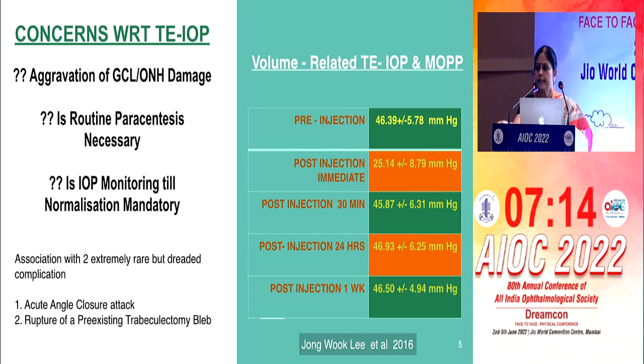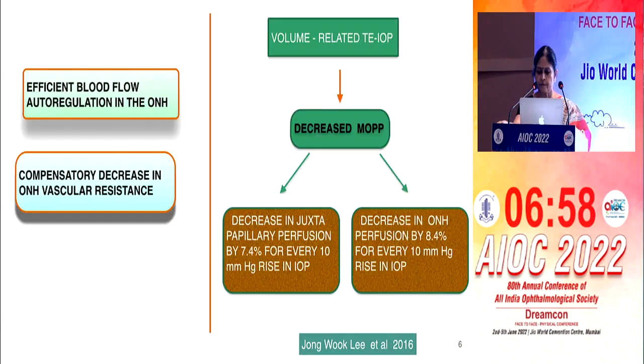If you look at the volume-related transient elevation of intraocular pressure and its influence on the mean ocular perfusion pressure, you can see that immediately in the post-injection period, the mean ocular perfusion pressure is reduced. Perfusion pressure is almost reduced to half of what we had in the pre-injection phase.